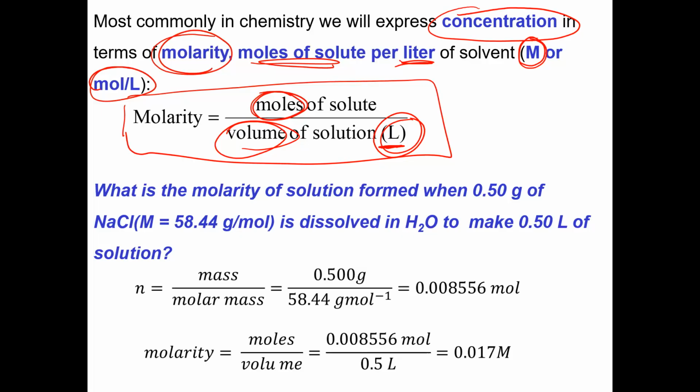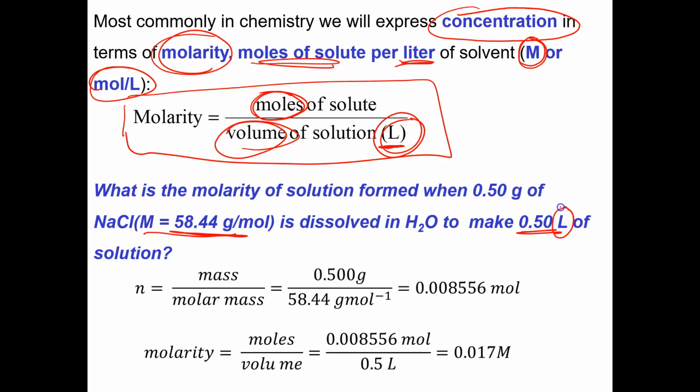So this example reads, what is the molarity of a solution formed when half a gram of sodium chloride, and then they give you the molar mass, 58.44 grams per mole, is dissolved in water to make half a liter of solution?